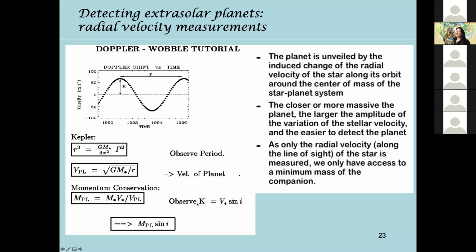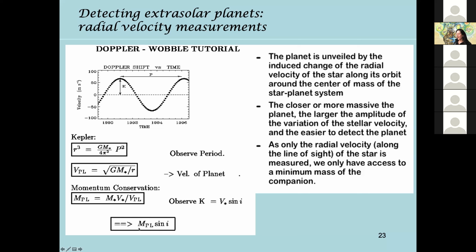And this gives the velocity of the star times the sine of the inclination, because, as I said, this is something unfortunately not possible to measure unless you have transit observations. I'm not going into that, but if you have transit observations, you know that the orbit of the planet is actually the planet passing in front of the star, so the inclination must be pretty close to, say, 90 degrees, and then you can do all your estimates.